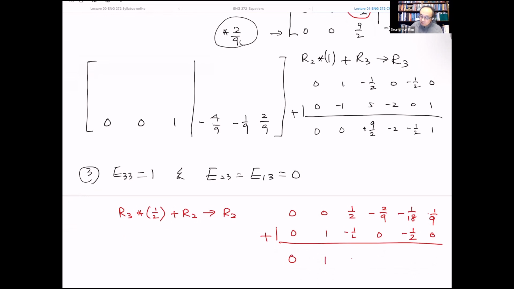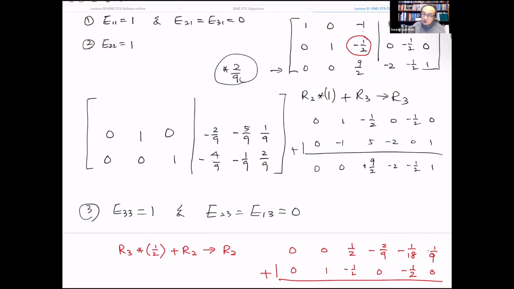Adding: 0, 1, 0, -2 over 9, and -1 over 2 plus... 18 over 9, so it's going to be -10 over 18, and 1 over 9. The last one is the -1 in the first row.